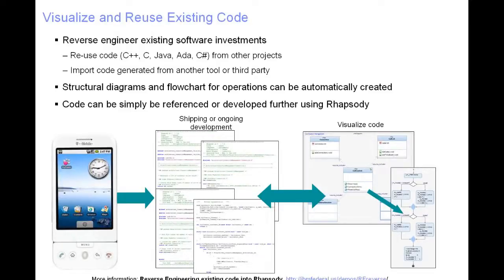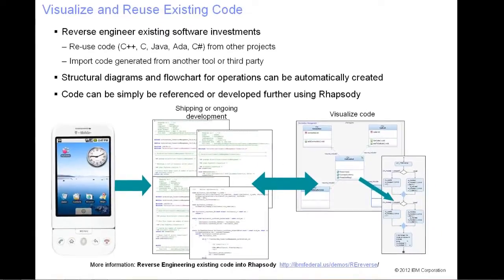Okay. So first, let's talk about code. I'm not going to get into all the details of reverse engineering code. It's probably a topic on its own, and you can see down at the bottom I have a reference to another recording of a webinar on how to reverse engineer code. But if you have existing code, you can bring this in, and you can start to visualize your design and your model. So you'll bring in structure diagrams.